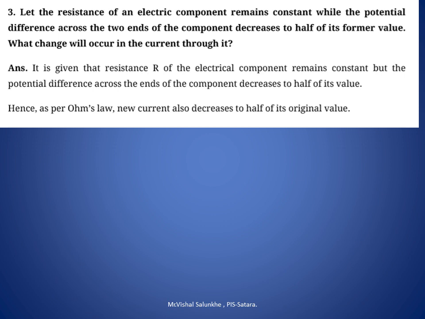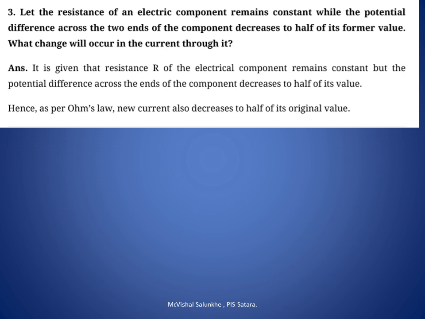The given condition is that the resistance of the component is the same, and if you decrease the potential difference across the component by half, then what would be the current? Will there be any change? Definitely, according to Ohm's law, potential difference is directly proportional to current at constant resistance. So if you decrease voltage by half, current will become half.